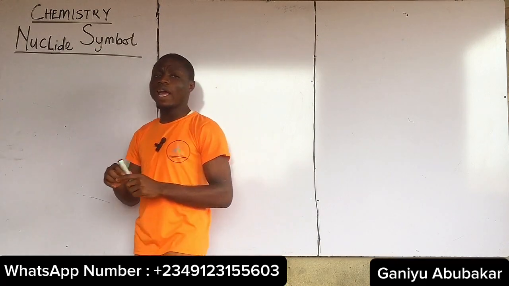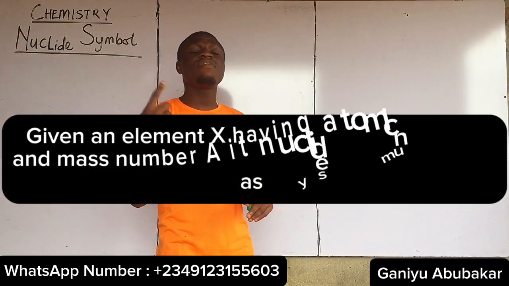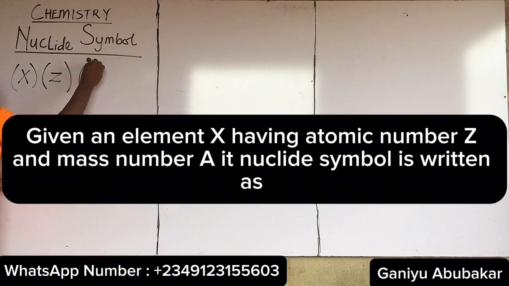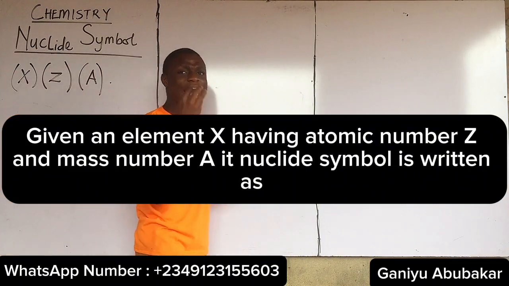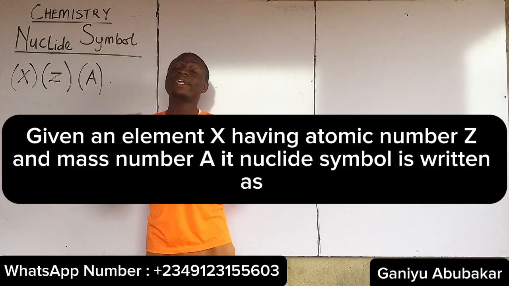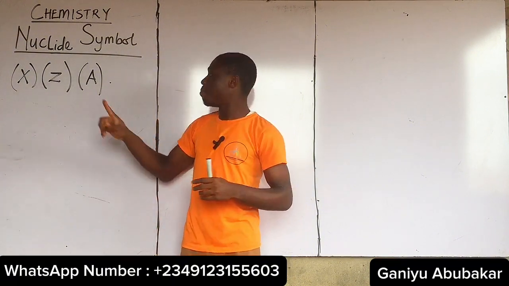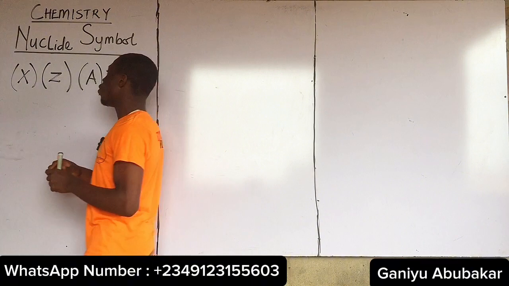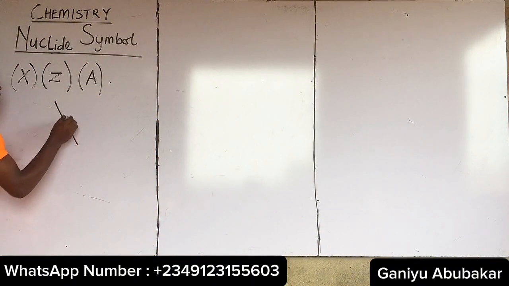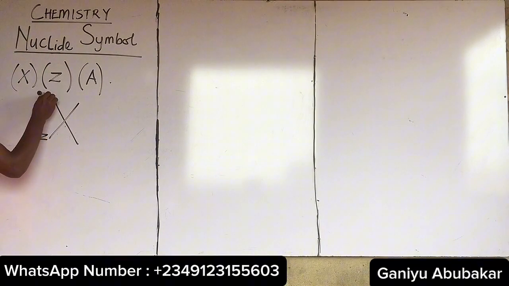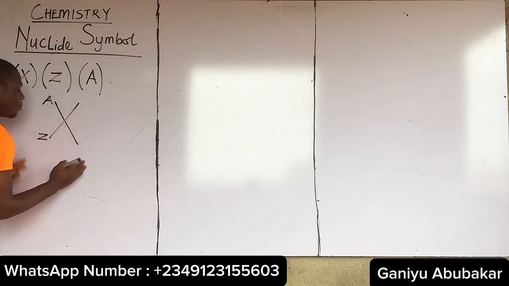Given an element X, an atomic number Z and mass number A, its nuclide symbol is written as the element X with atomic number Z and mass number A. So this is the concept behind nuclide symbol.